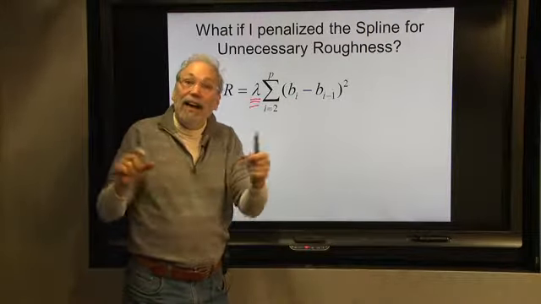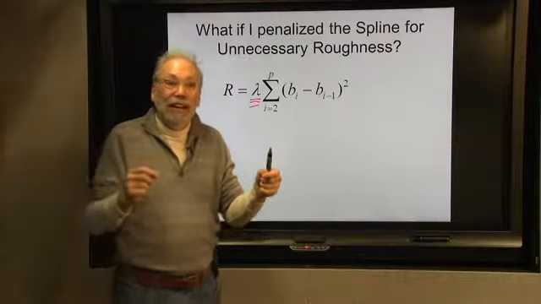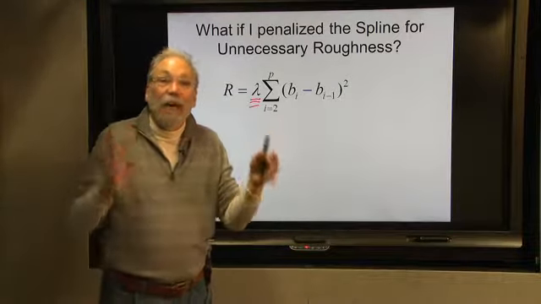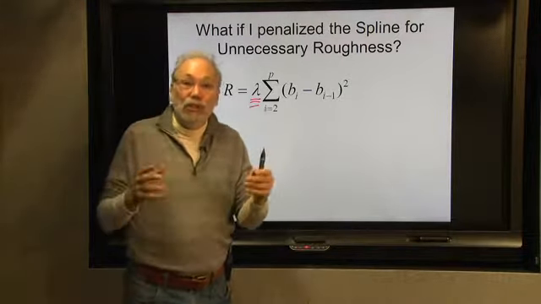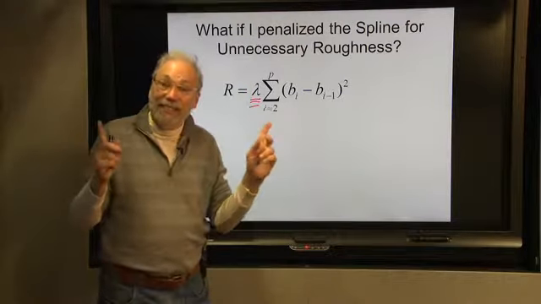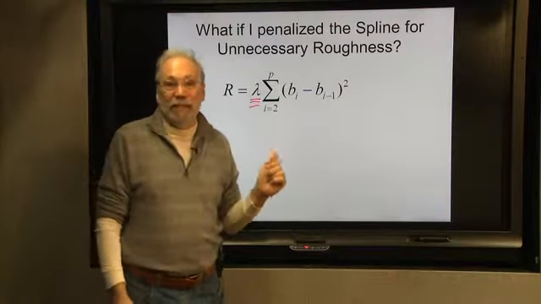And so I've reduced the problem of where to put the knots and how many knots to looking at only one thing, which is easier to solve than looking at two things: how big should lambda be?